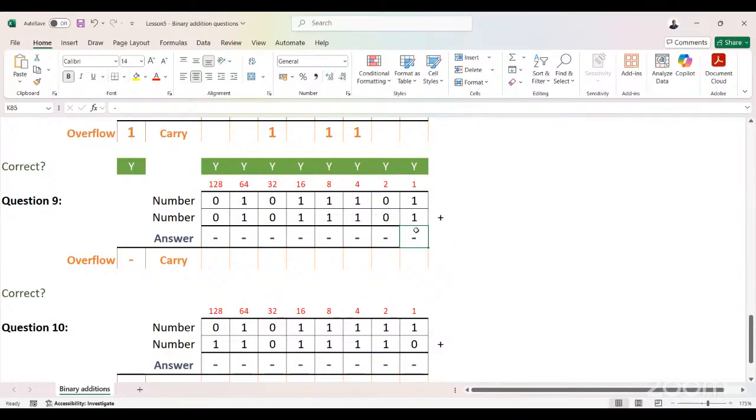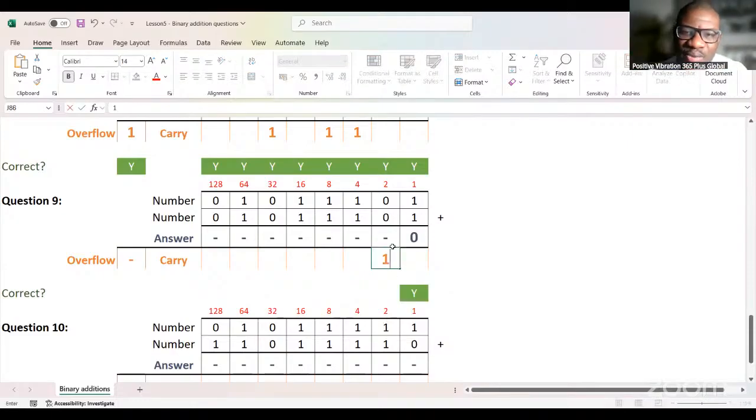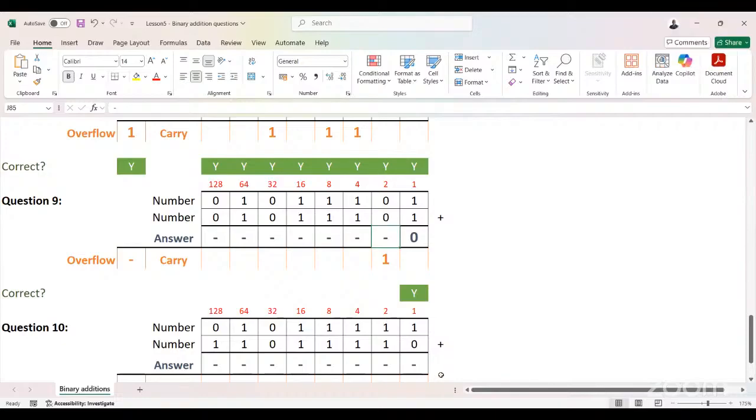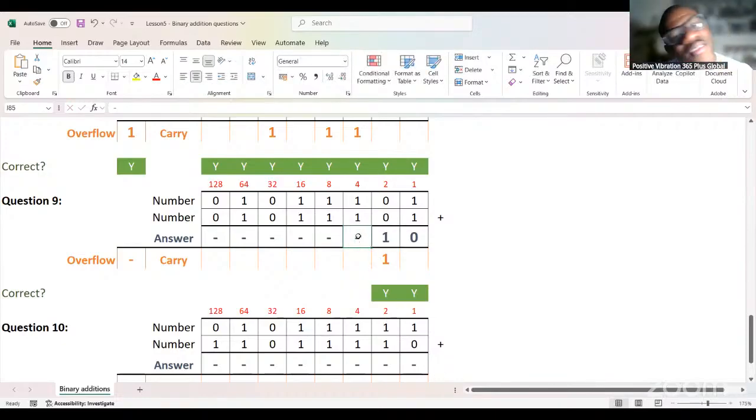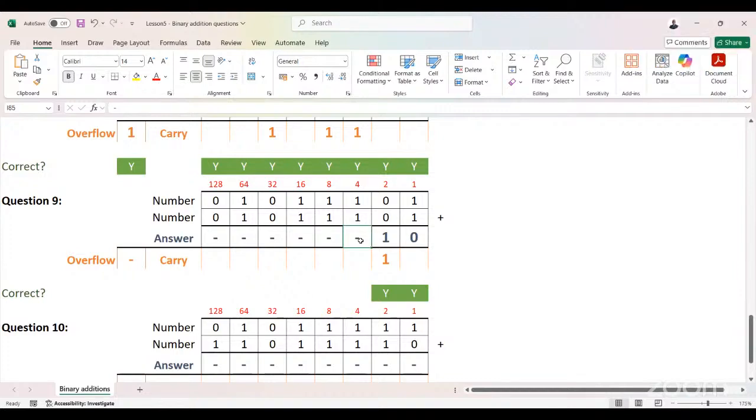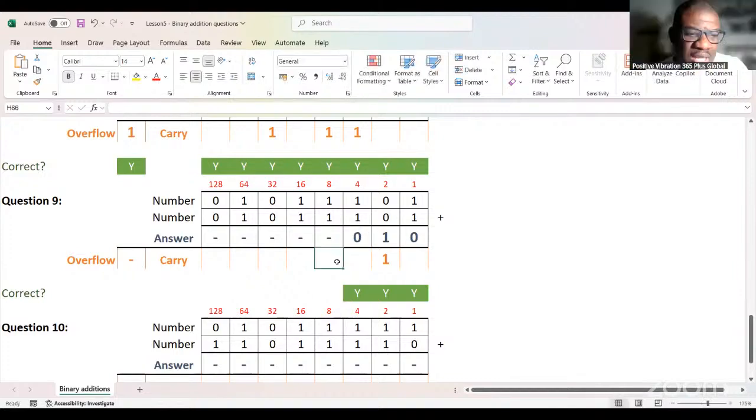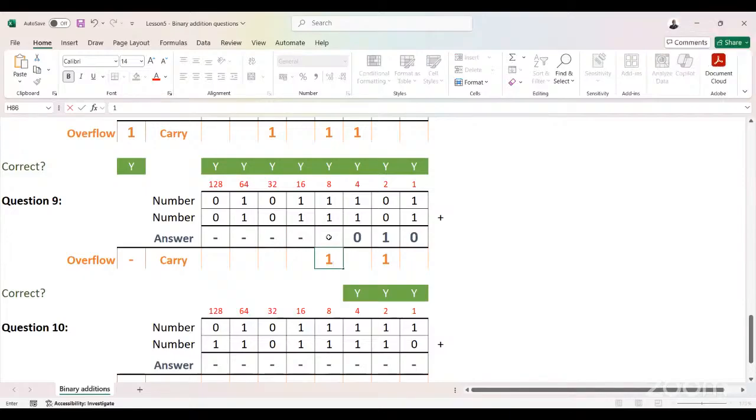So, since that's going to be 2, you're going to put down the 0 and carry the 1. Fabulous. Then what will this be? 1. Nice. How about this one? So that's 0, and then you carry the 1. Fabulous. How about this one? So 3, so you're going to put down a 1 and then carry over a 1.